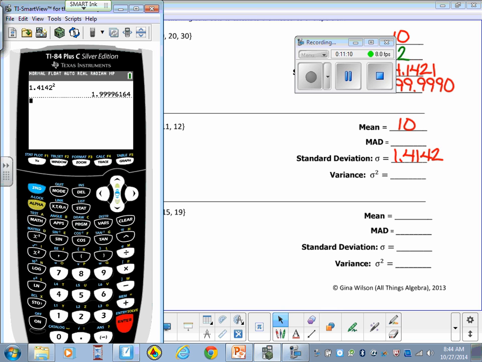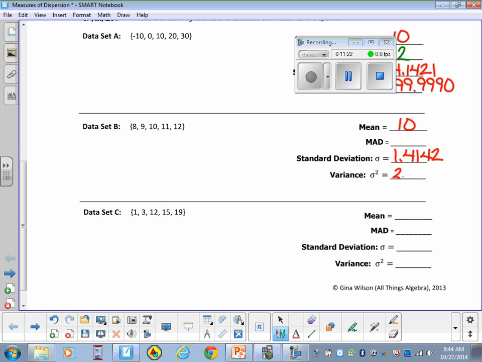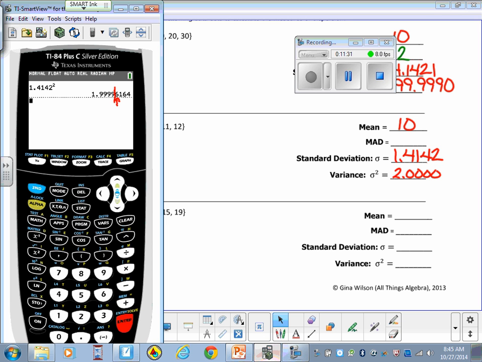Whoa. 1, 2, 3, 4. 6 is going to make me round up. And so I'm going to end up with 2.0000 because of all the rounding. Pretty interesting. Let's take a look at our mean absolute deviation.